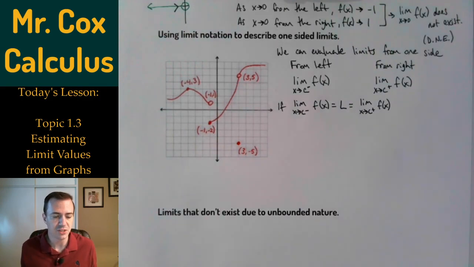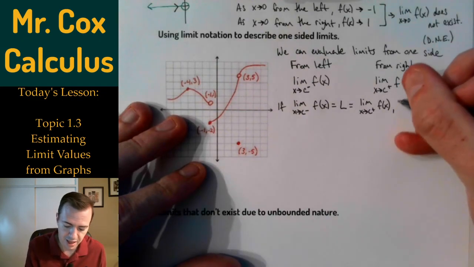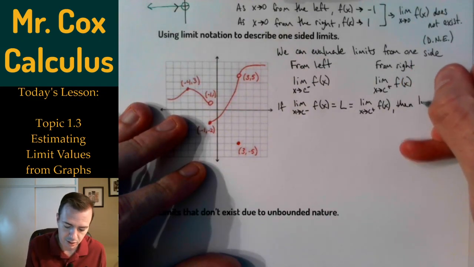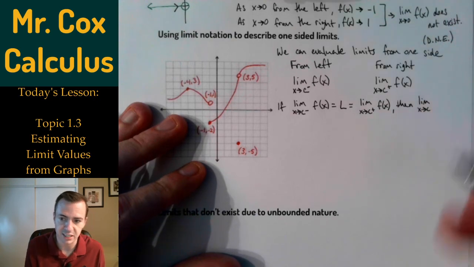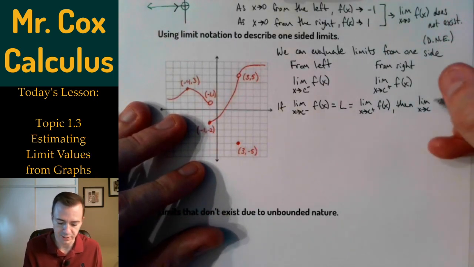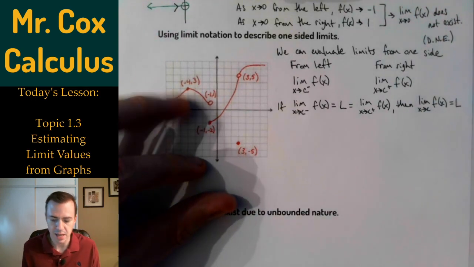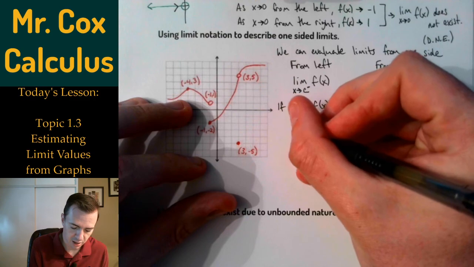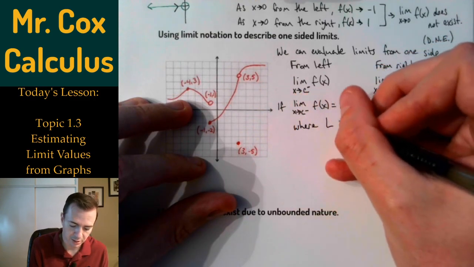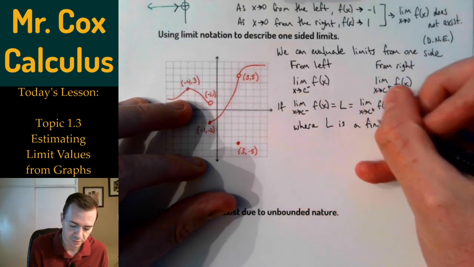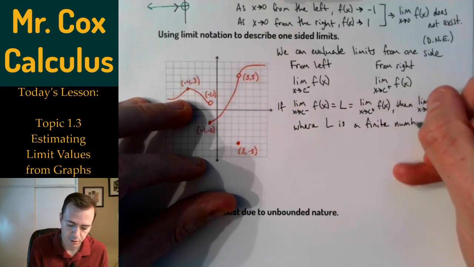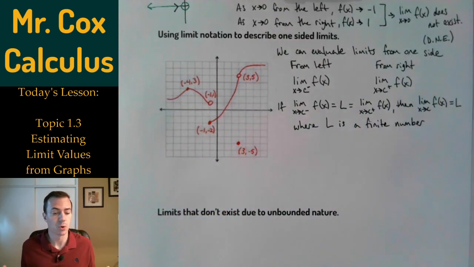In other words, if the two limits match and we're going to the same place from both directions, then that's when we can say the limit as x approaches c, no longer talking about it from one side, exists and is equal to L. And we should note again, this is where L is a finite number. In order for the limit to exist, it has to be approaching a finite value. We'll actually talk about when it's not approaching a finite value in the next video.